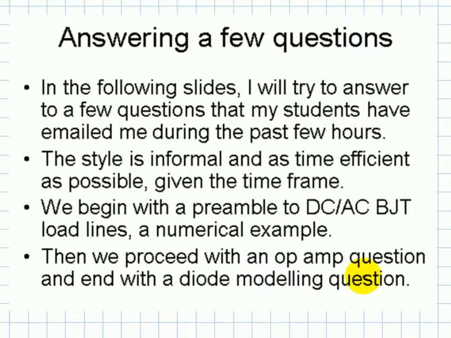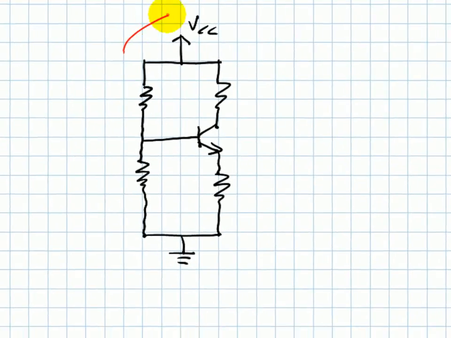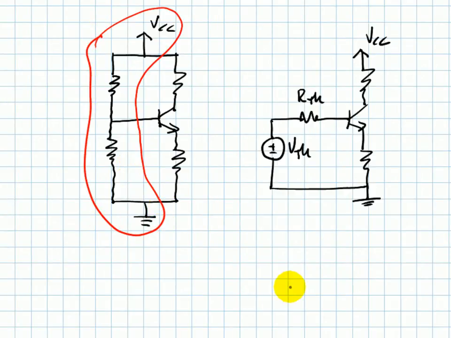Let's begin. The first question has to do with this configuration. One student asks, how is it that you find the Thevenin equivalent of this circuit and then connect that Thevenin equivalent to the circuit on the right? How is that possible?